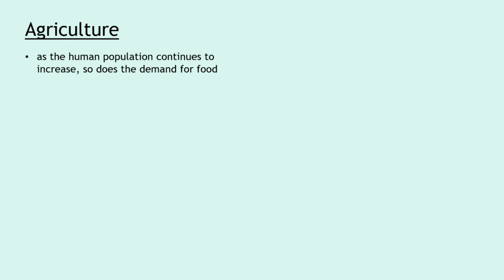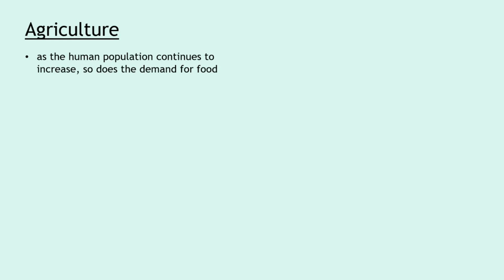Likewise, the demand for food and other resources is also increasing. There are now more mouths that need to be fed, and this problem needs to be solved by agriculture. Agriculture needs to develop new techniques of increasing food production. And these techniques, of course, come at a cost to biodiversity.